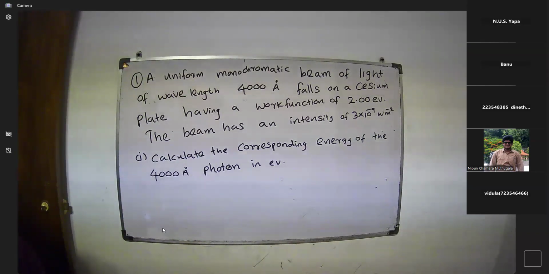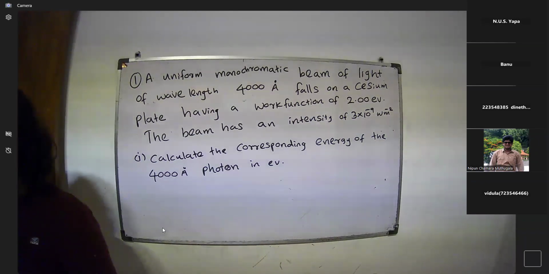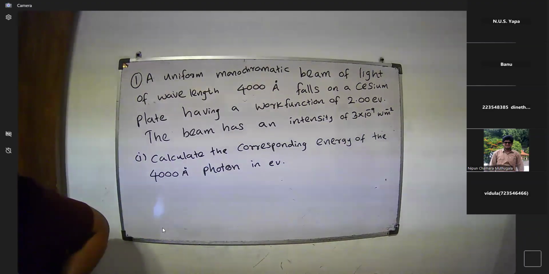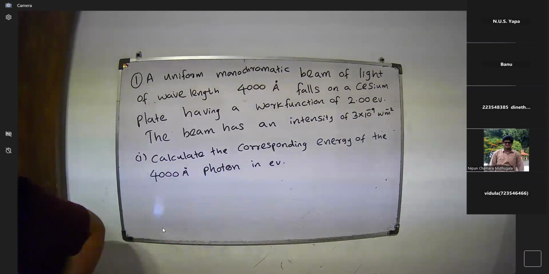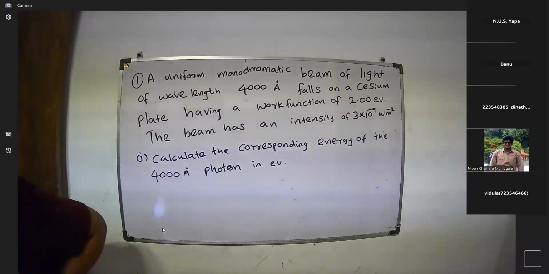The uniform monochromatic beam of light means it consists of photons, with wavelength 4000 angstrom. In the morning, we discussed this type of question. What equation can we use? Can you remember Planck's hypothesis? How do we find the energy of the photon? Vidula?